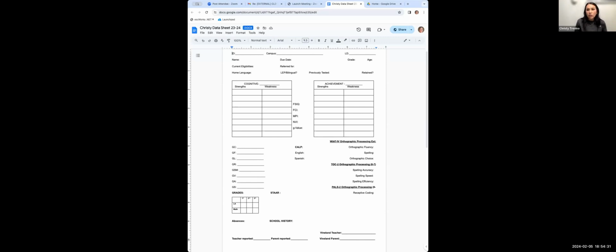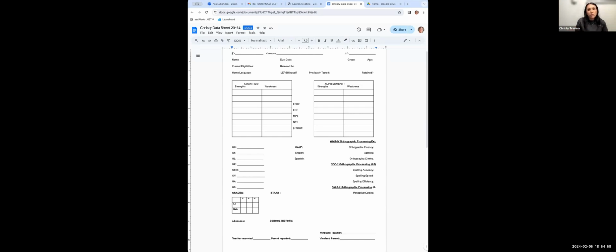Or if you're looking at the student's CALP and it's 0/90, there would be no reason to test in both languages. However, like today's student, who was a little bit English and Spanish, I definitely followed up in both languages.